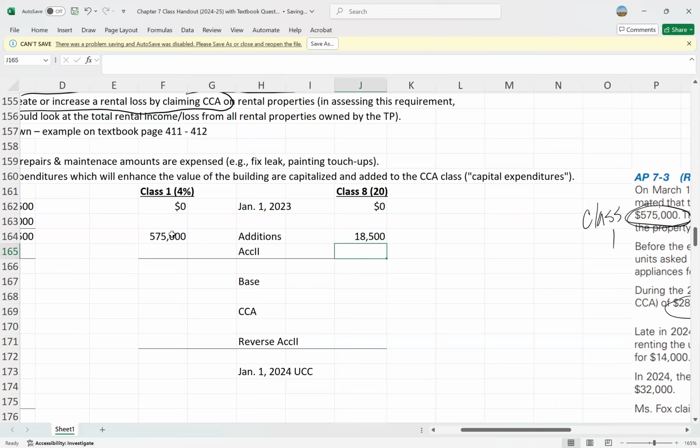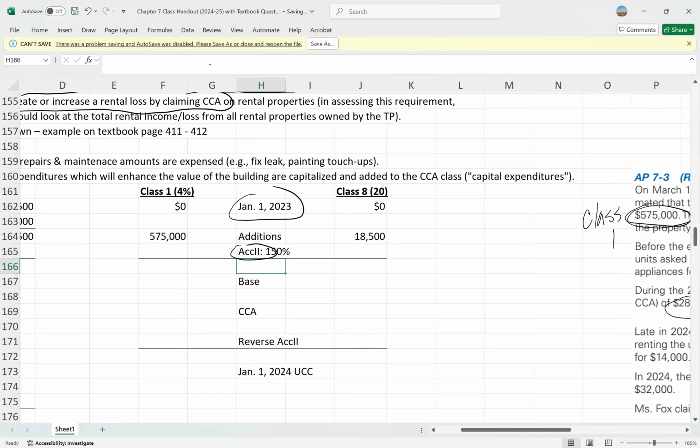This is where chapter 5 comes in. Remember in chapter 5, we said that we had those different periods of time. We had the period before November 2018, and then from November 2018 to the end of 2023. And we talked about the accelerated investment incentive. Because this addition was made in 2023, the accelerated investment incentive says that if you have any net additions, you're going to get them at 150%.